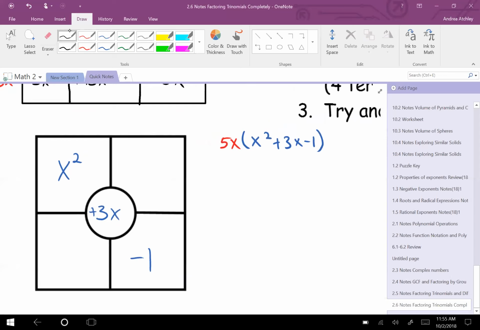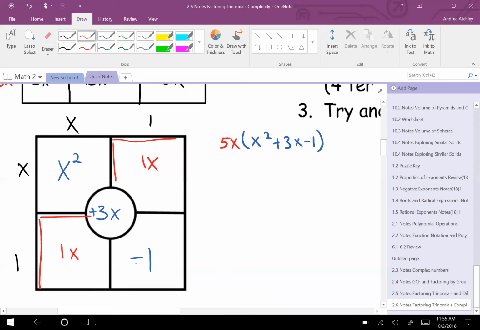Adam, what multiplies to x squared? X times x. Okay. In class, what multiplies to 1? 1 times 1. Then we check. 1 times x is 1x. We'll figure out that in just a second. And then x times 1 is 1x.